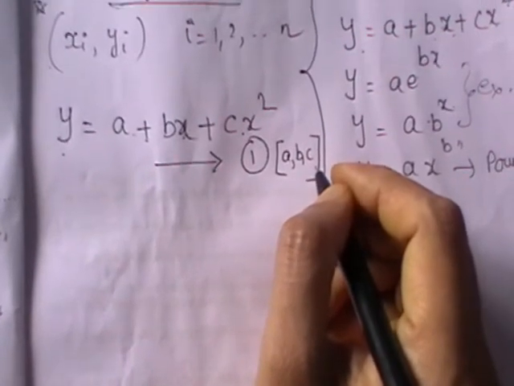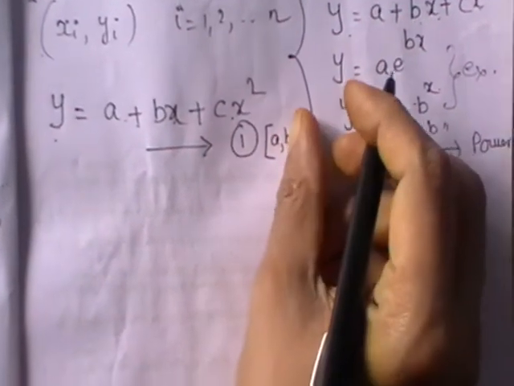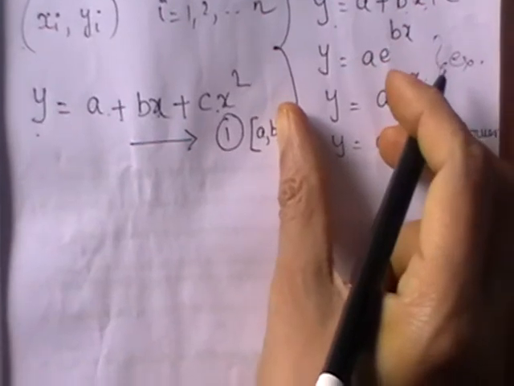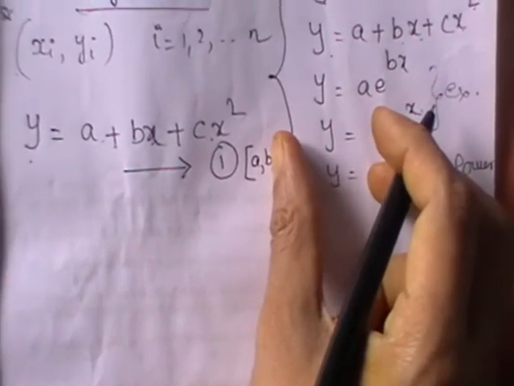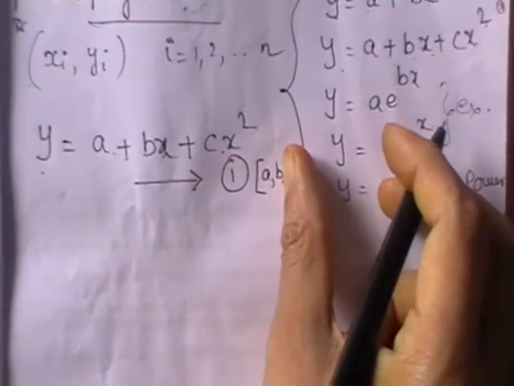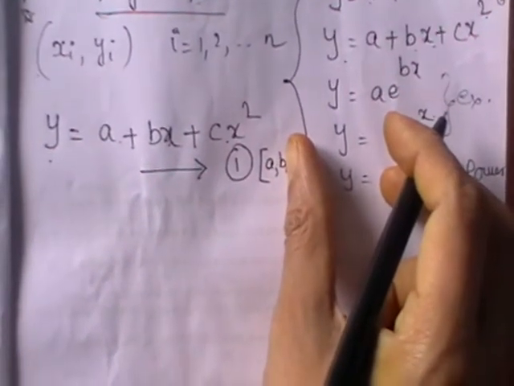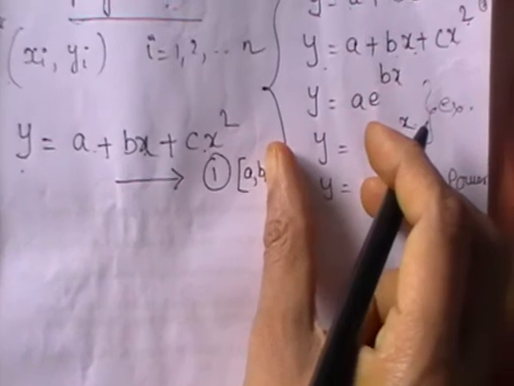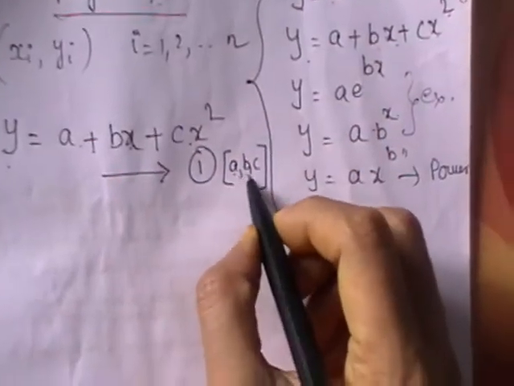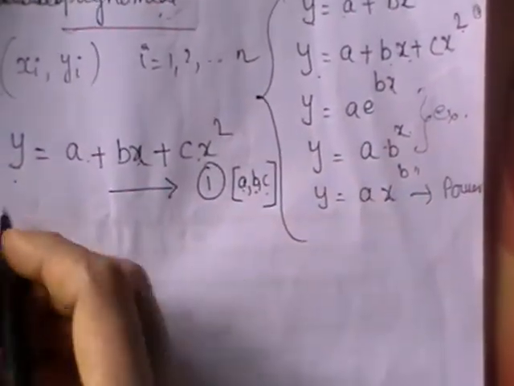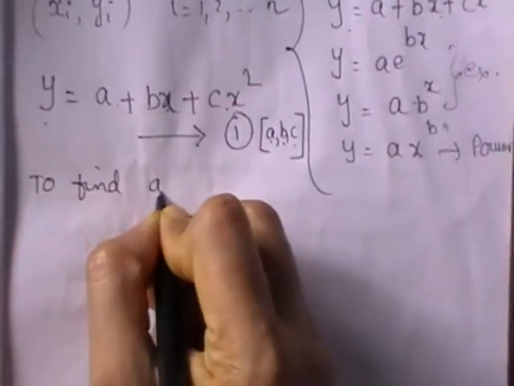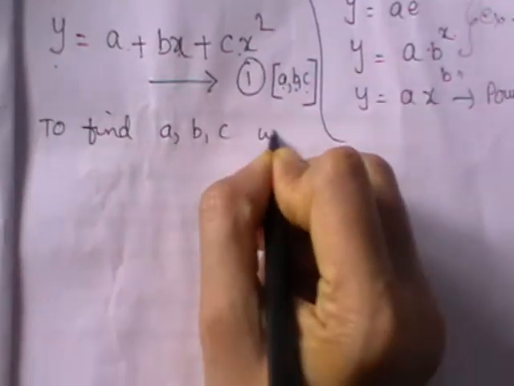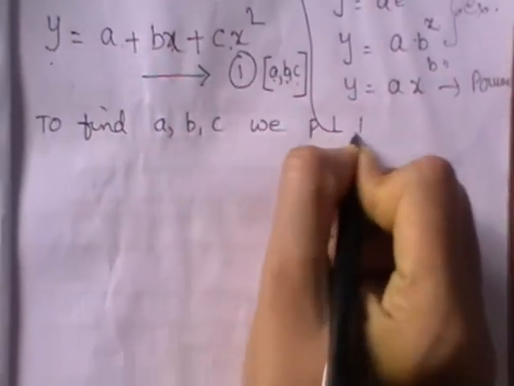In the previous fitting of a straight line, as you had two constants a, b, you got two normal equations, by setting dou S by dou a equal to 0 and dou S by dou b equal to 0. Here we have three constants, so we are going to get three equations. To find these constants a, b, c, we use the principle of least squares.